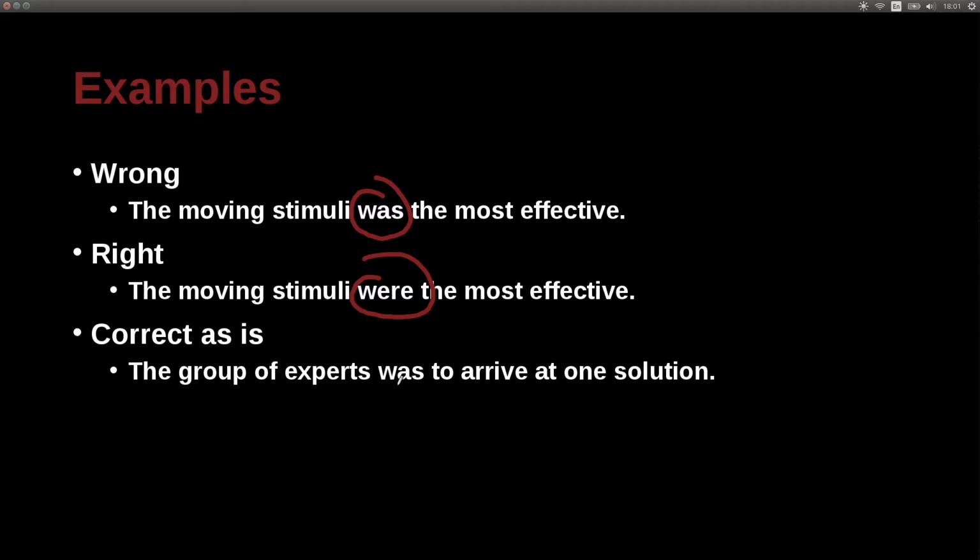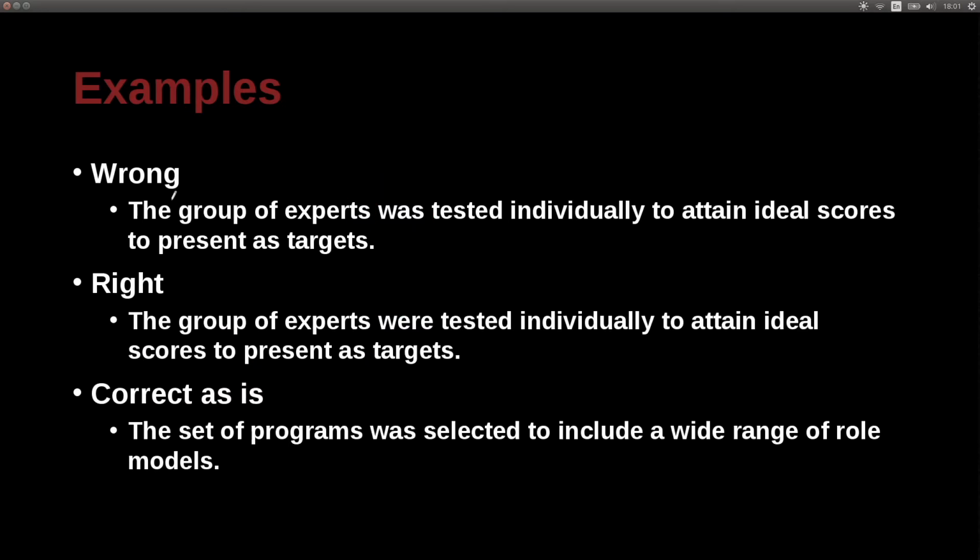The group of experts was to arrive at one solution. This is correct because was, and it's, remember, a group, a single group. The group of experts was tested individually to attain ideal scores to present as targets. The group of experts were tested individually to attain ideal scores to present as targets.